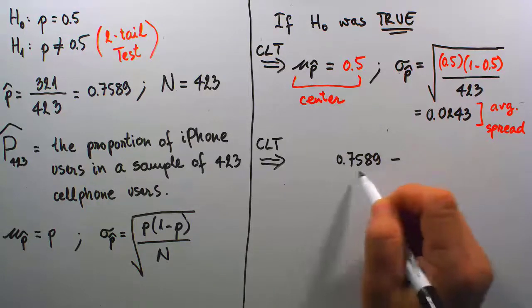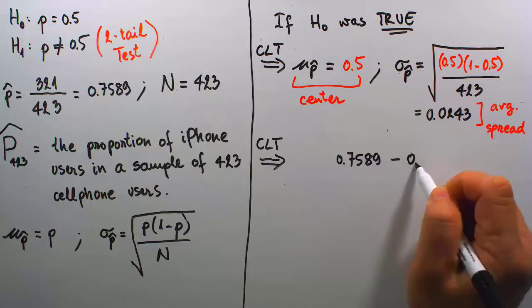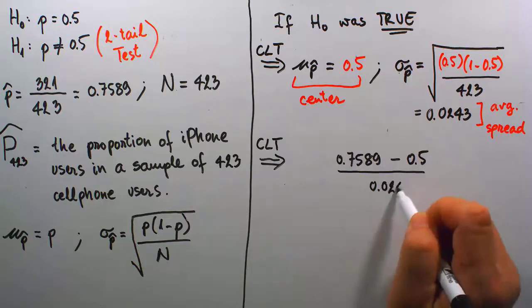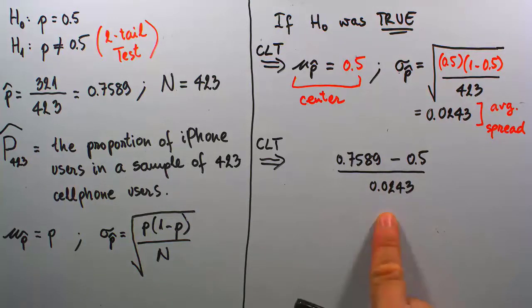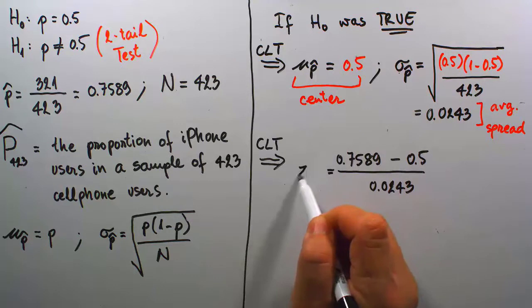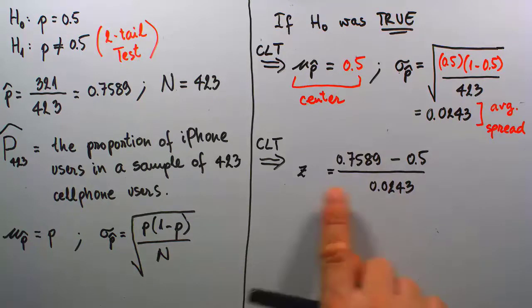So 0.7589 minus 0.5 and divided by the average spread, 0.0243. This work is again going to give us the z-score of our sample.